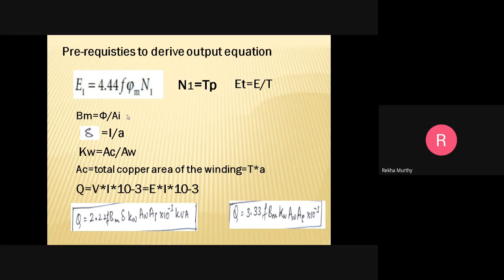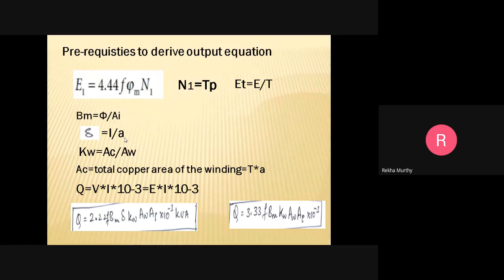So BM is equal to flux psi m divided by area.